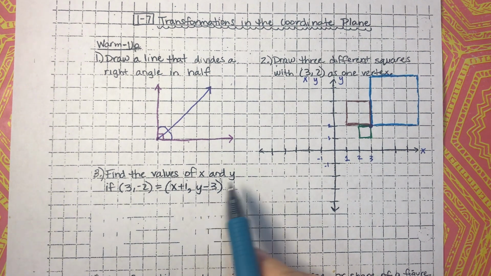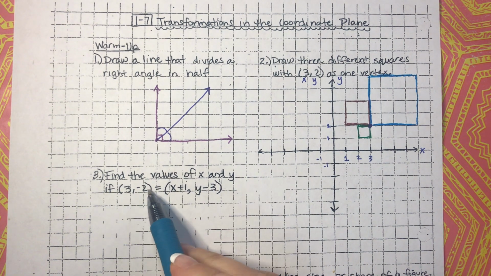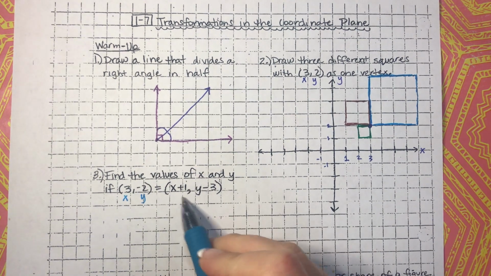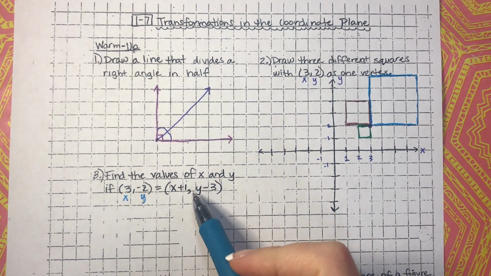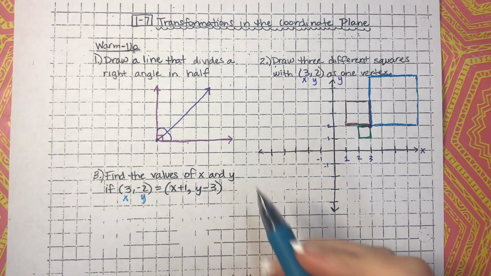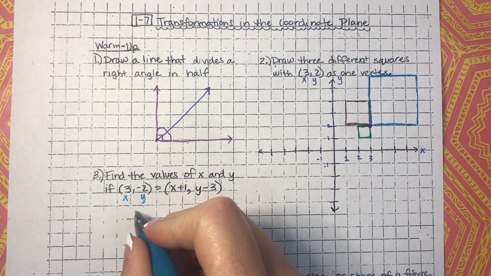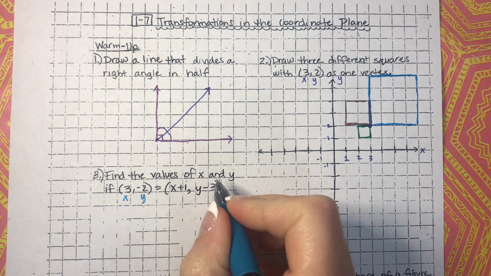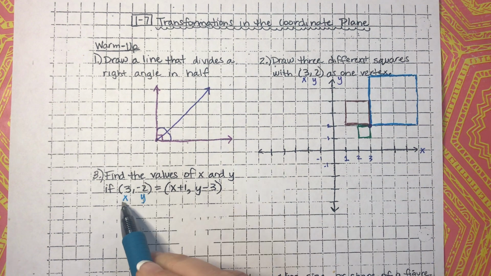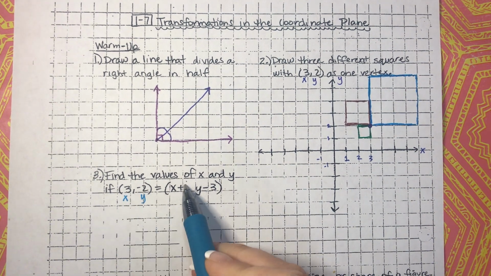It says find the values of X and Y if 3, negative 2. So this is the X and this is the Y. And then they're giving us a little formula here to do. Find the values of X and Y. It says X and Y equal this. So this equals this.